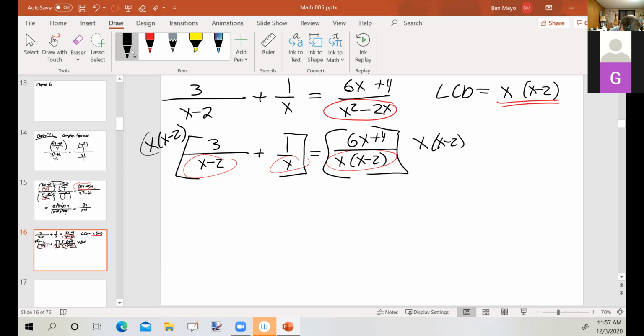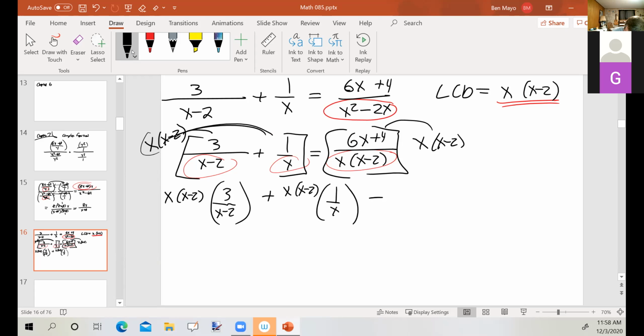Okay. So now distributing here and here and here, I've got x times x minus 2 times 3 over x minus 2 plus x times x minus 2 times 1 over x equals 6x plus 4 over x times x minus 2 times x minus 2.